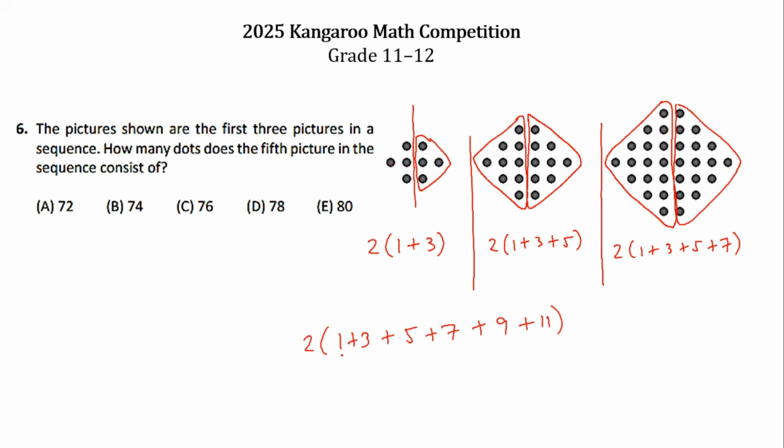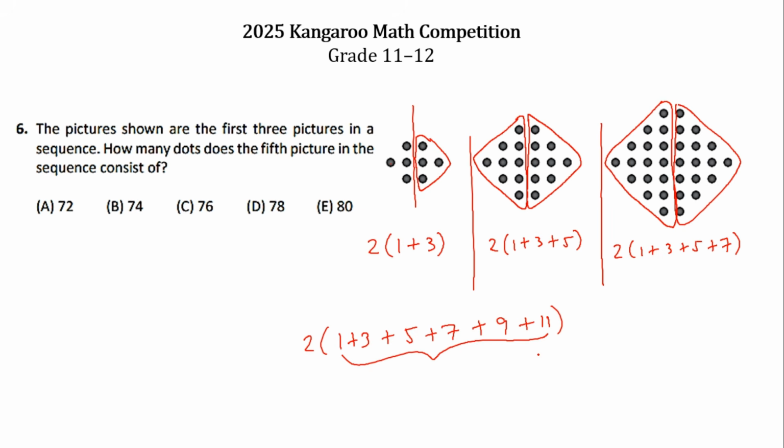Notice that this expression is just an arithmetic series. So if you're familiar with the formula for an arithmetic series, you can just use that formula. However, you can just manually add these numbers since there are only 6 numbers, right?